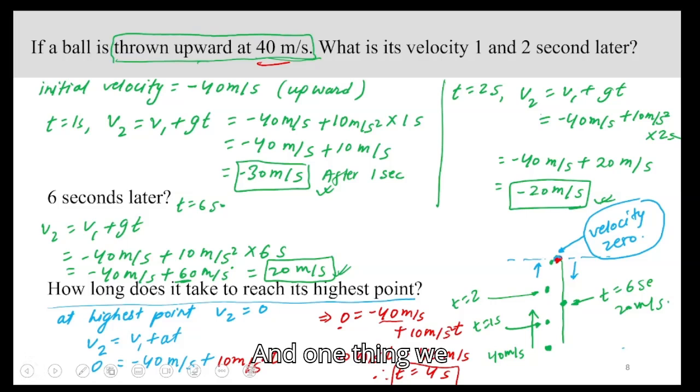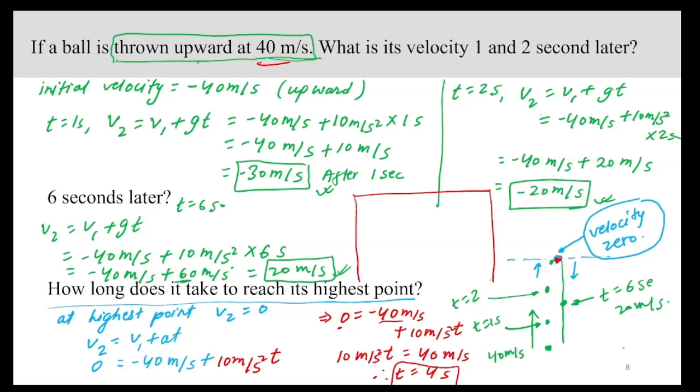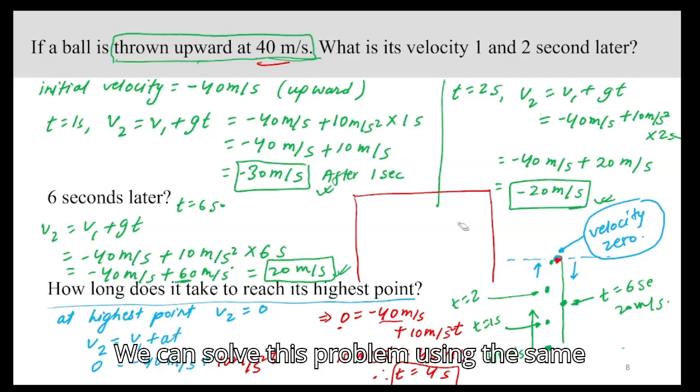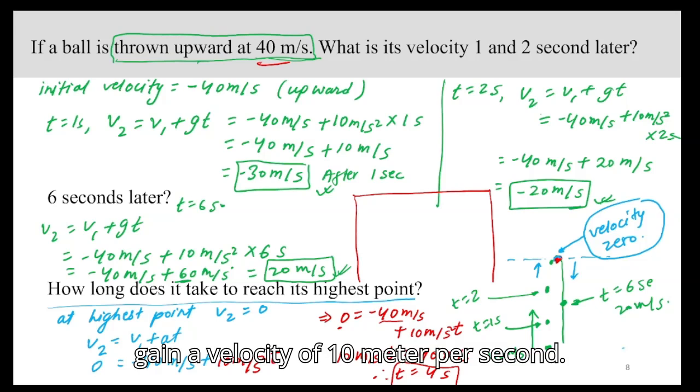And one thing we can also do is use the same principle. We can solve this problem using the same method as we did before, where we said that every 1 second the object will gain a velocity of 10 meters per second.